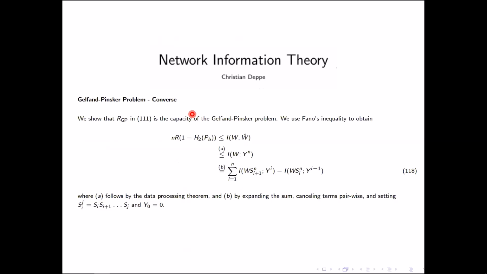Now we want to come to the converse. So first we want to apply the Fano inequality. Perhaps it's not obvious why this follows, therefore I will write it down. We want to look at a channel with average error probability. That means we can assume that every message has the same probability.